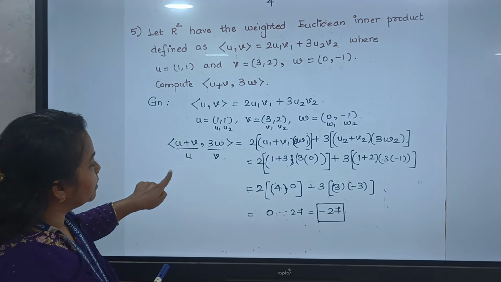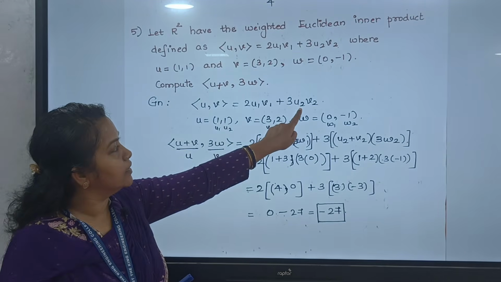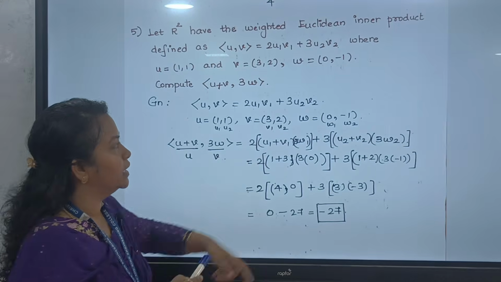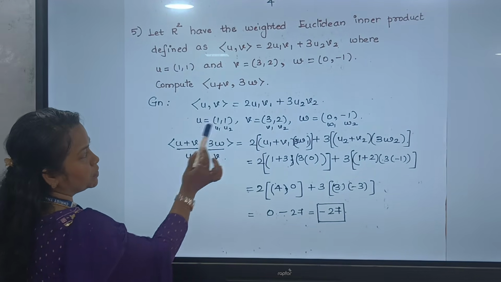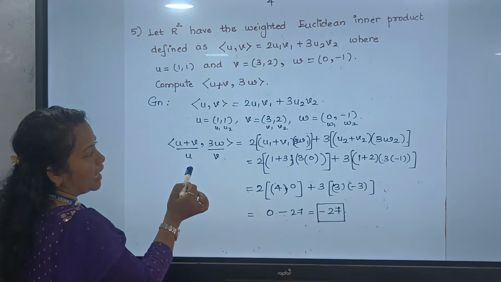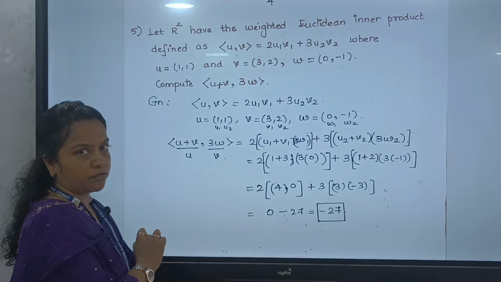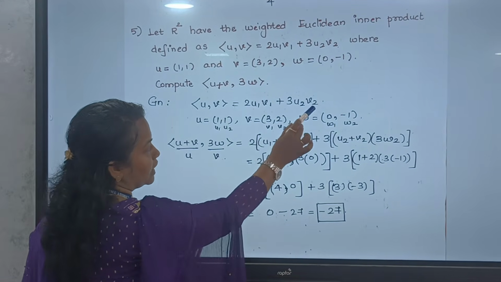So the inner product u v is 2u1 v1 plus 3u2 v2. Where u1 is, I substitute u1 plus v1, and where v1 is, I substitute 3w1. Wherever 1 1 comes, put 1 1, and wherever 2 2 comes, put 2 2.